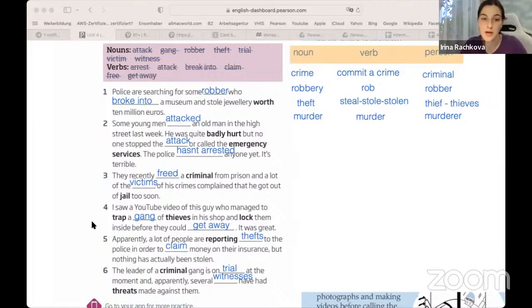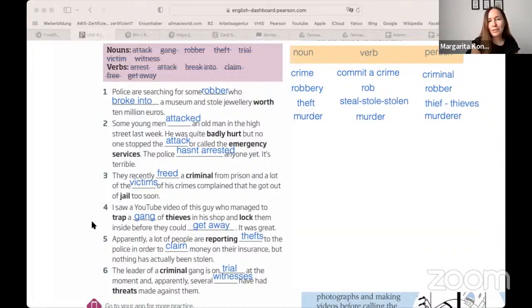To claim money on the insurance. Very good. Полиция никого еще не арестовала. The police hasn't arrested anyone yet. А если так, преступники не были еще арестованы? The criminals haven't been arrested yet. Супер.